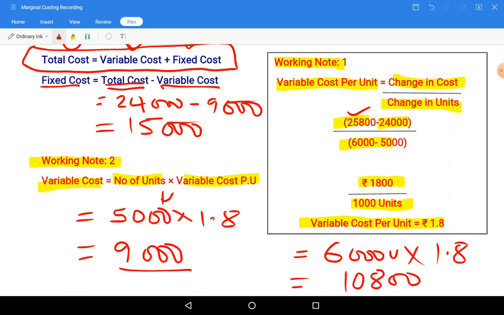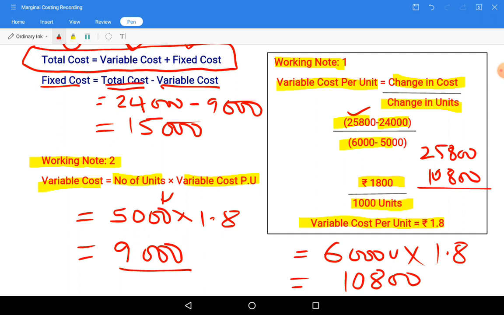What is my total cost at 6,000 units? My total cost is 25,800. This is my total semi variable cost. From this, if I deduct 10,800 variable cost, I'll get fixed cost.